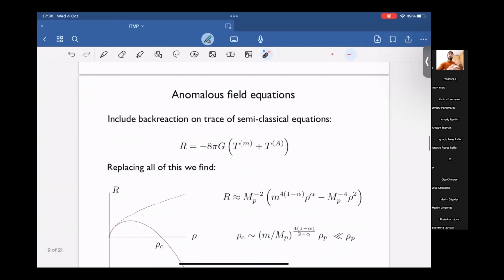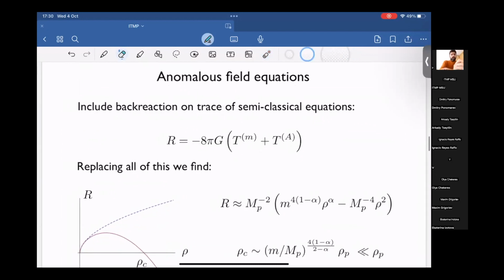But we already know what those two contributions are, because we have made an assumption about the trace of the classical terms. Those scale as rho to the power alpha with some coefficient. And then the anomalous terms, that's the computation we just did. We learned that they scale as rho squared, where rho is that of the background fluid solution.